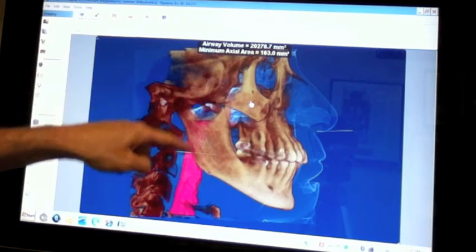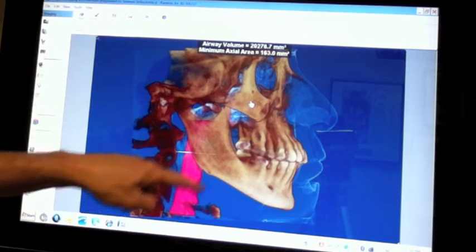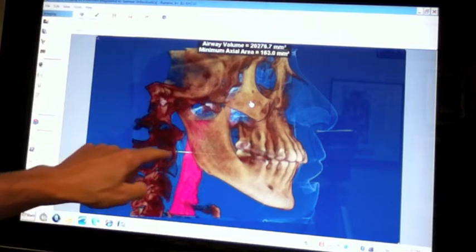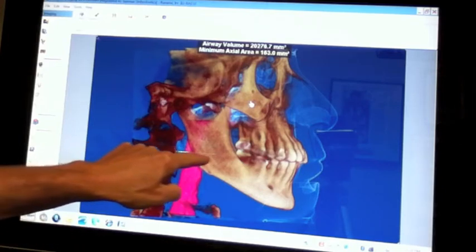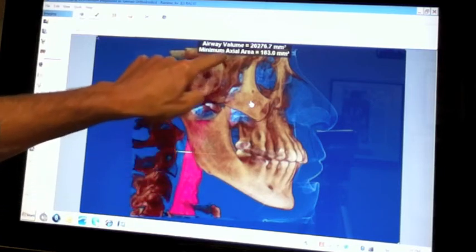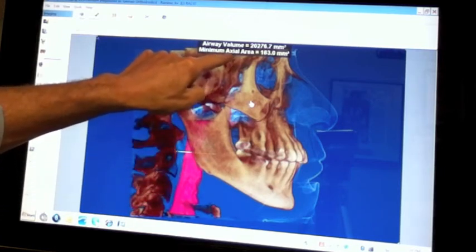Sarah will demonstrate how to build this picture and you'll understand the boundaries. We want to be consistent with every patient and every scan, so that you outline the airway using the same anatomic landmarks. The white line that goes through the airway is determined by the software. It finds the most constricted area of the airway.